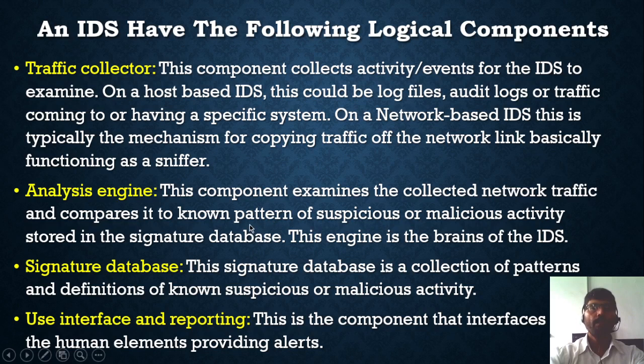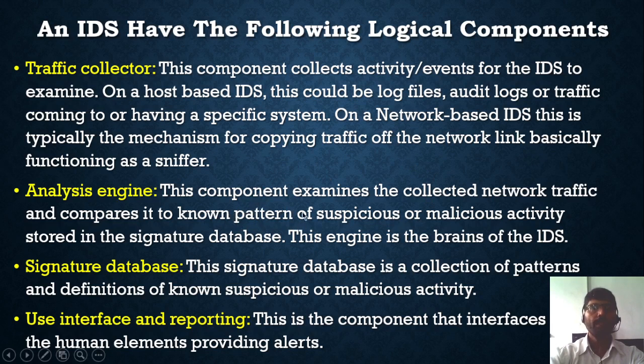For example, whenever a particular type of attack occurs, particular bits are generated. The same attack will generate the same type of bits. So that is known as a pattern. Now the IDS will detect such patterns.